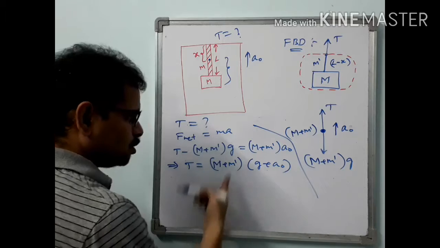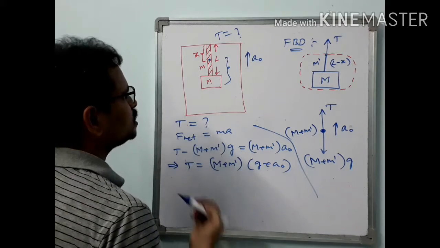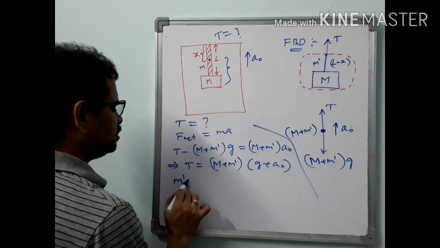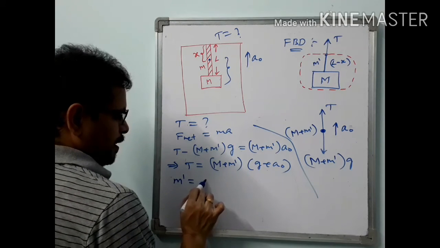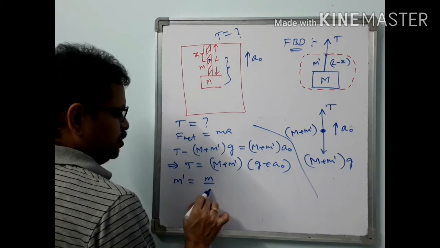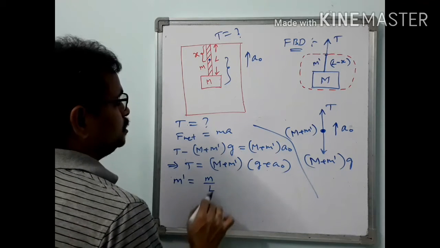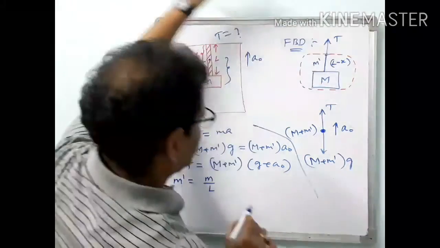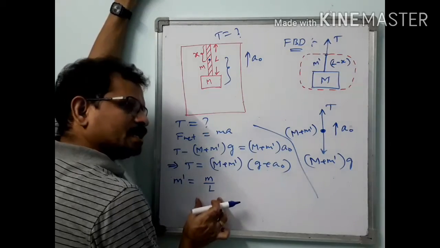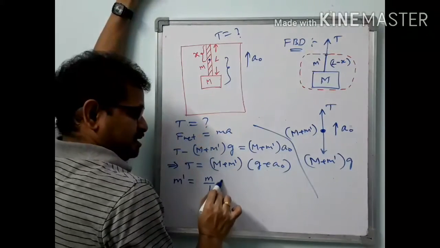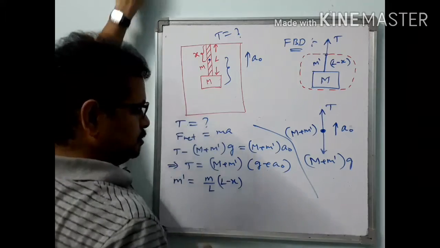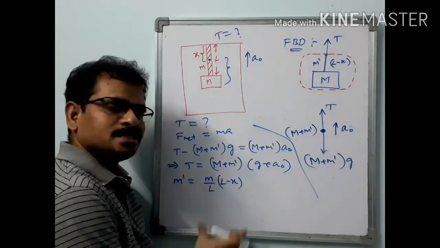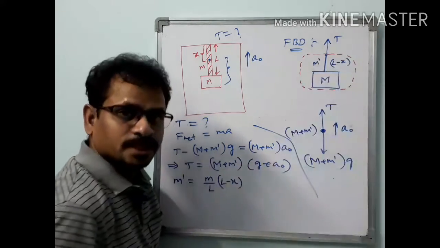Got it now? Now let us check what is m dash. What is m dash? M dash equal to mass per unit length into the length of this part of the rope. Which part? L minus x part. So this is mass per unit length into L minus x. Got it? This is the mass of this part of string here.